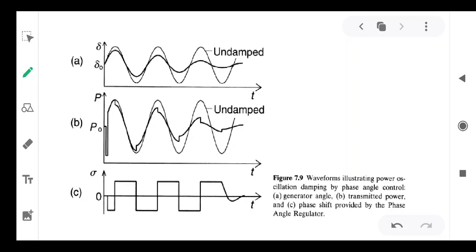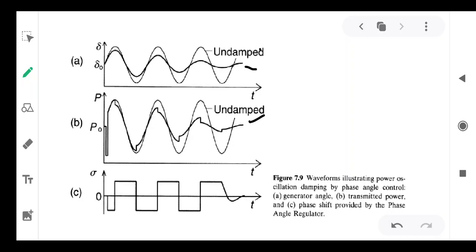The same phase angle regulator can also be used for power oscillation damping. So this is the undamped delta, this is the damped delta, damped power.